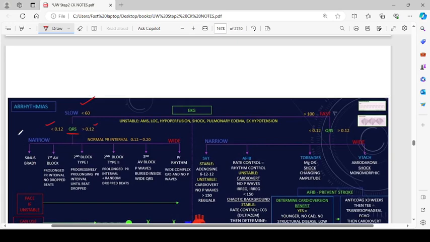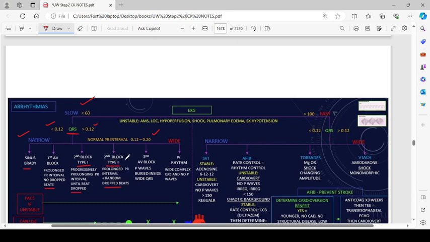If it is narrow, it can be sinus bradycardia, or first degree AV block, that is prolonged PR interval and no dropped beats, normal PR interval 0.12 to 0.2. Then second degree block type 1, progressively prolonging PR interval until the beat is dropped. Second degree block type 2, prolonged PR interval with random dropped beats.